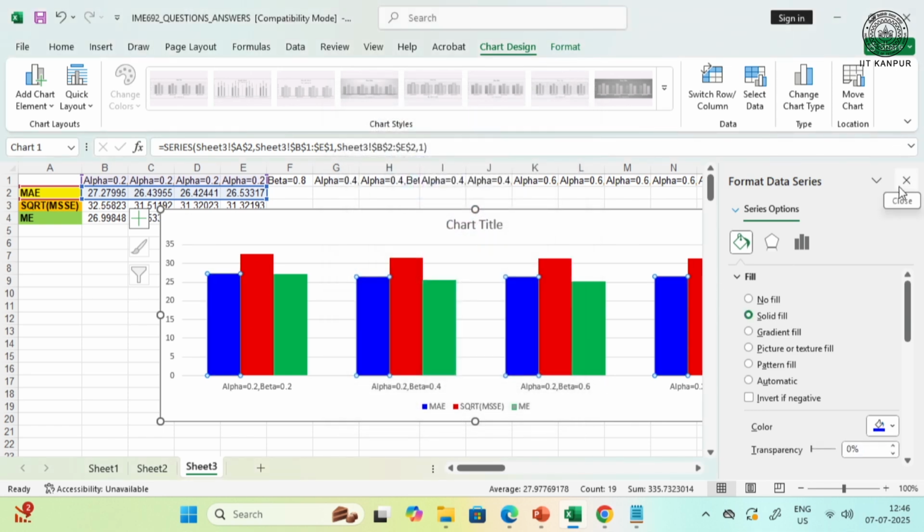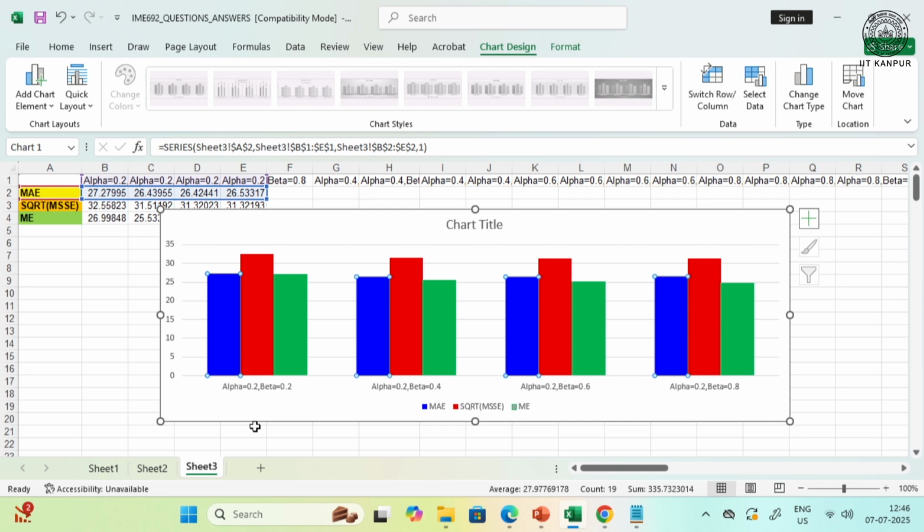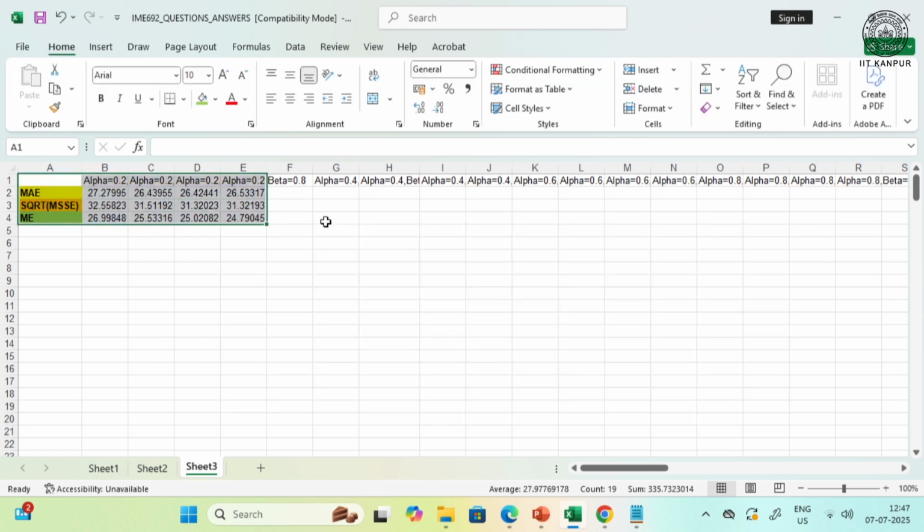Done. So I have alpha 0.2, beta 0.2, alpha 0.2, beta 0.4, alpha 0.2, beta 0.6, alpha 0.2, beta 0.8. So if you see these 4 combinations, you will get a good idea of how the metric values change with changing values of alpha and beta. So with this, let me continue.